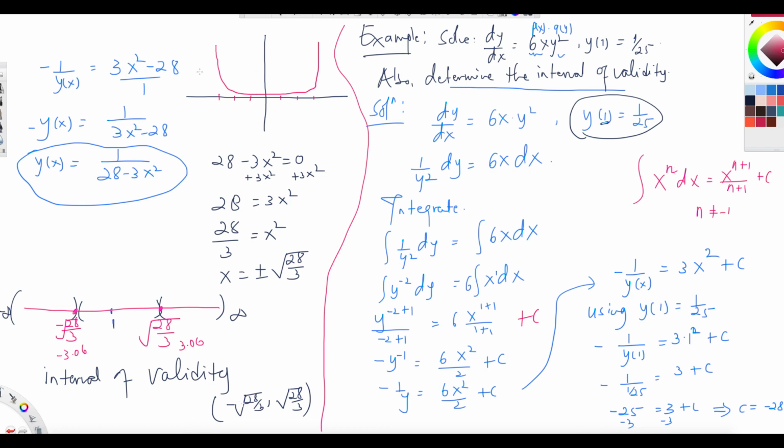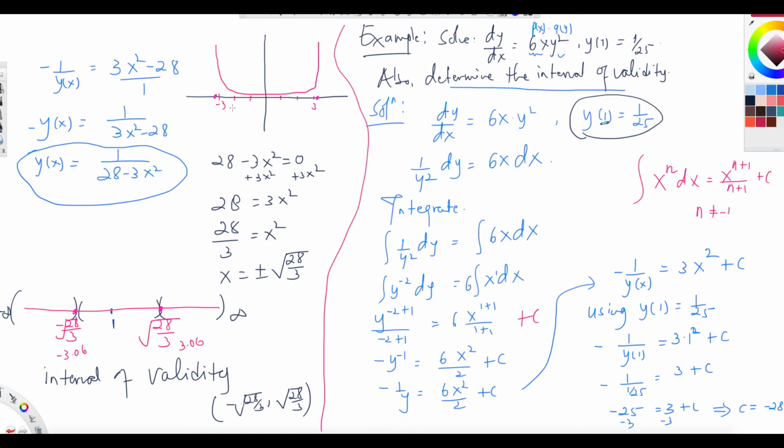Then you can guess the interval of validity, because the function is not defined outside negative 3.06 and positive 3.06, somewhere here. The graph is only inside that interval. So sometimes you can guess the interval of validity from the graph.